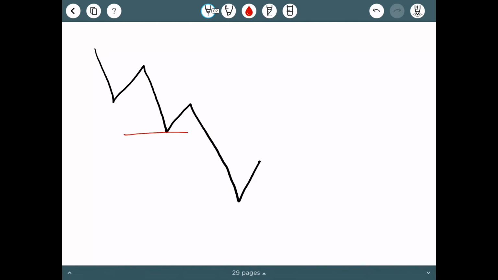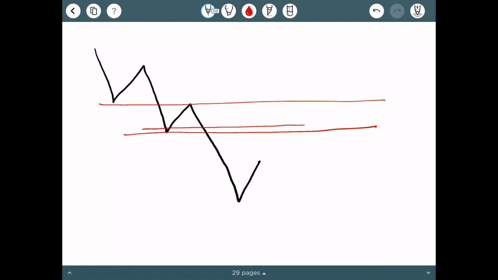Let's say the market broke this level, and over here we create a zone of the last low and the last close or open. So this creates a zone for us.